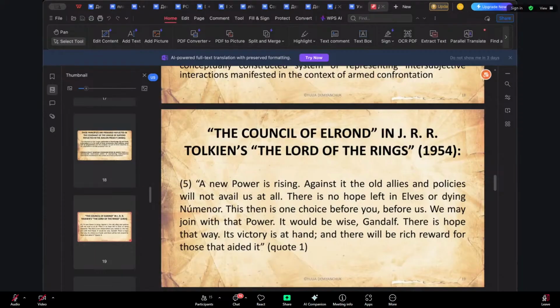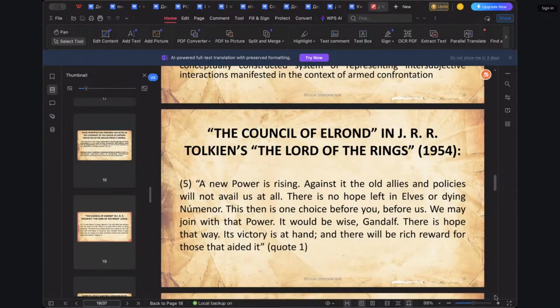The speech delivered by Saruman, the chief of the Istari order and head of the White Council, who betrayed his mission and sought to form an alliance with Sauron to gain personal power, demonstrates how foreign policy wartime communication unfolds within the fictional narrative structure.